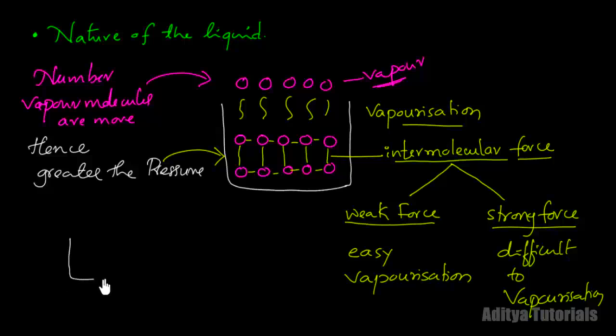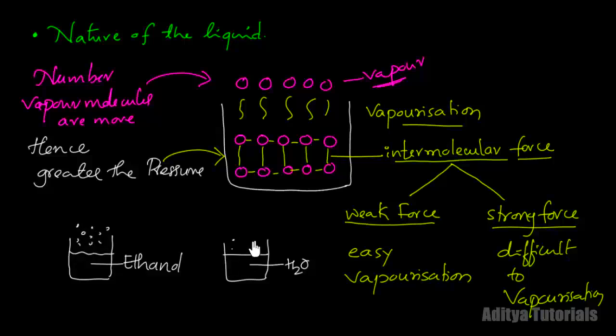Okay, we take one example. If you take ethanol in a container, and in another container you take water, H2O, you will find that ethanol molecules exist more in the vapor phase as compared to water molecules. It strictly indicates that in ethanol the intermolecular forces of attraction are weak, but in water the intermolecular forces are strong.